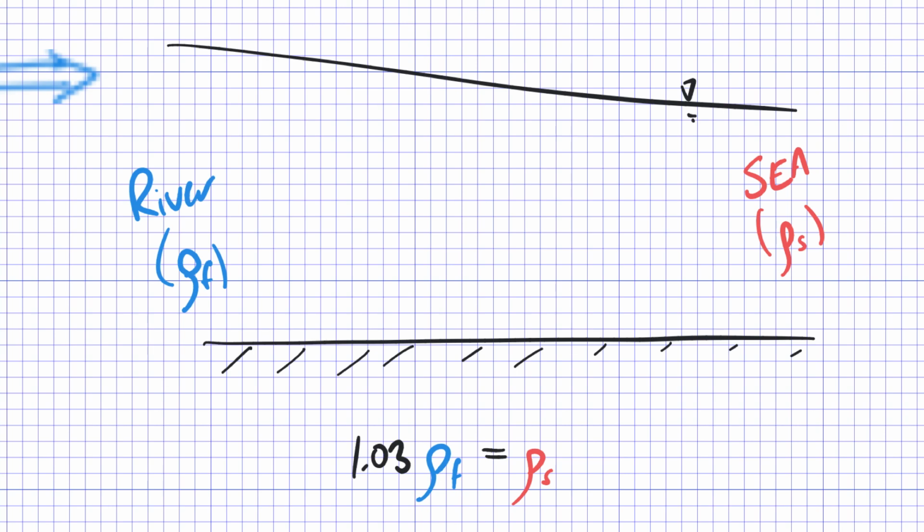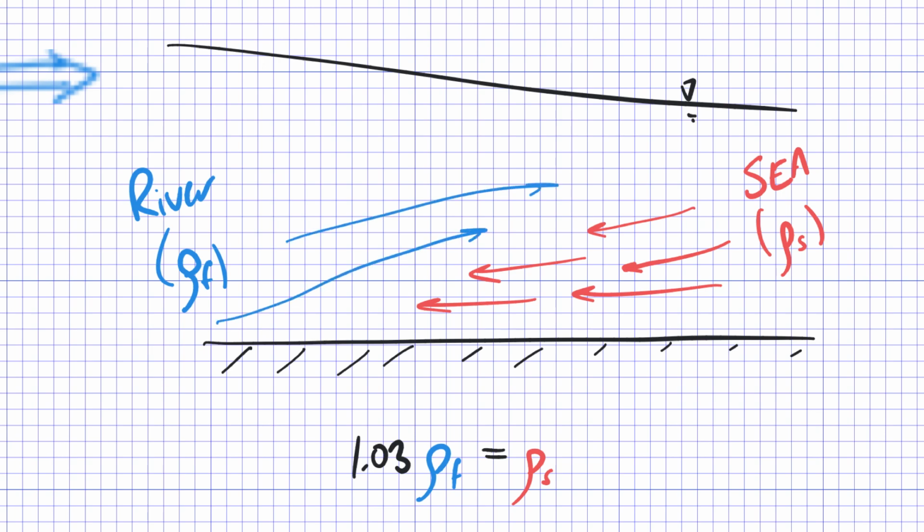It's not really a lot, but it's enough. And so what typically happens, and this is where that saltwater wedge comes from, is that this denser water wants to move upstream. It flows under the fresh water, and the fresh water typically comes and rides over the top.